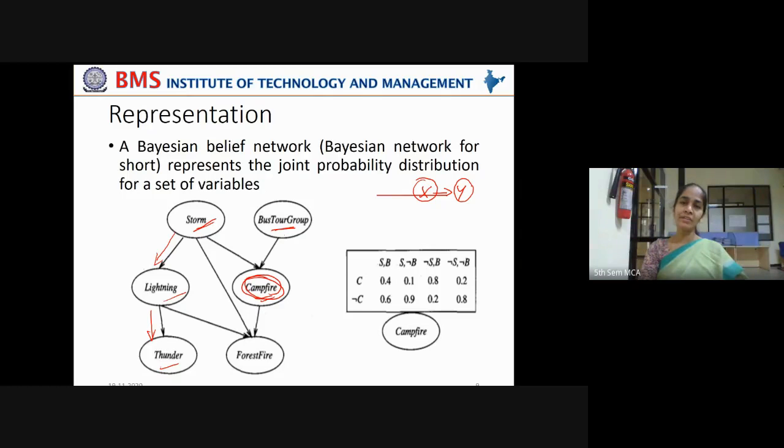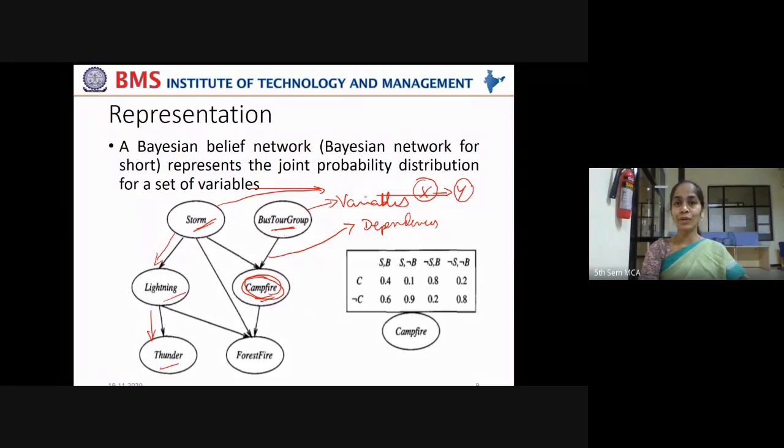Did you notice now in this diagram? All the nodes indicate the variables, and all the arcs, the edges between the nodes, are called dependencies, the relationships between the nodes. Got it, students? Did you understand this network now?